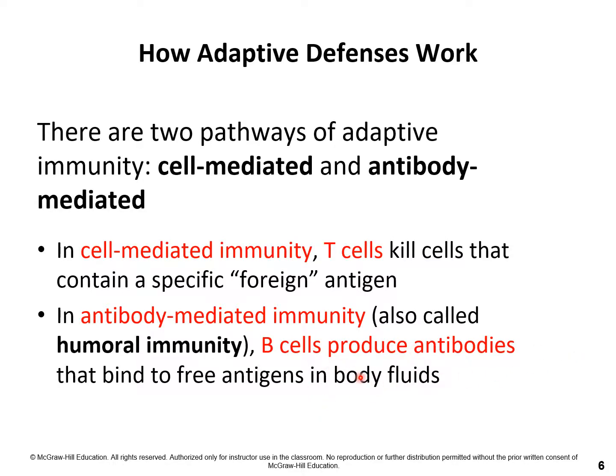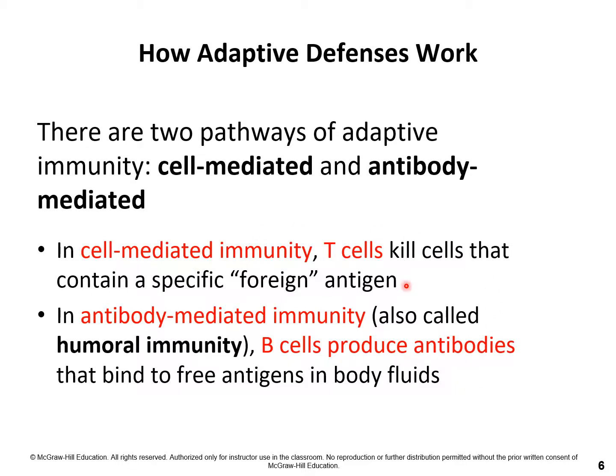The antibodies act like little flags that stick onto the bacteria or pathogens in the circulation or in the tissues so that the white blood cells can find them based on the flags.